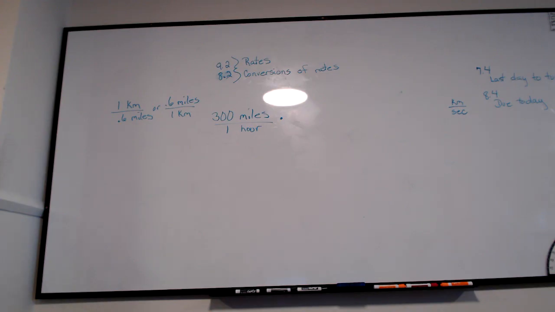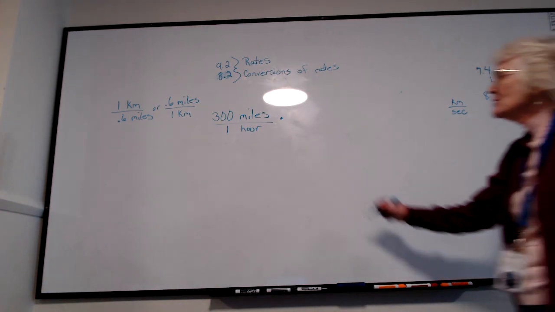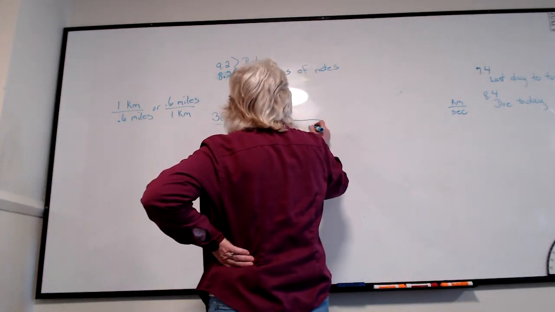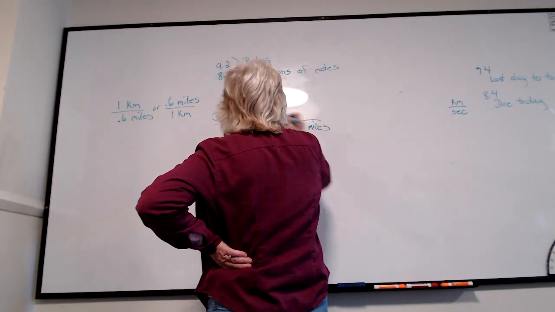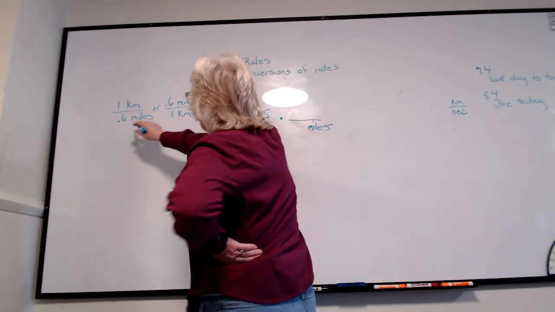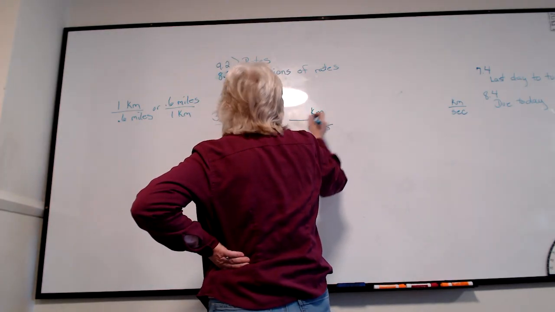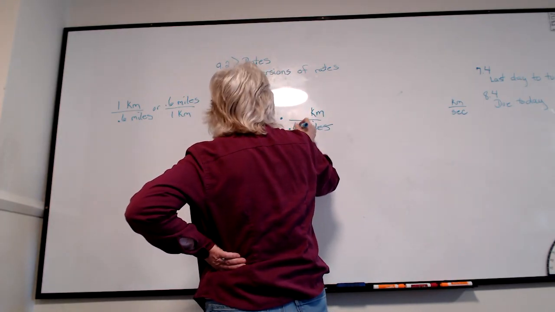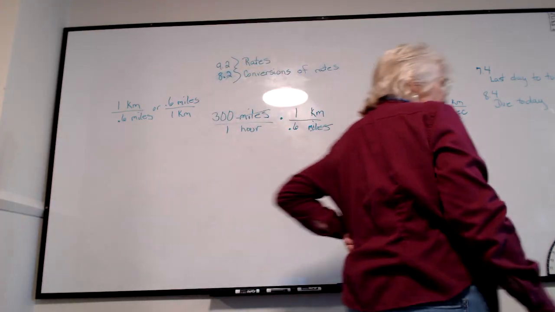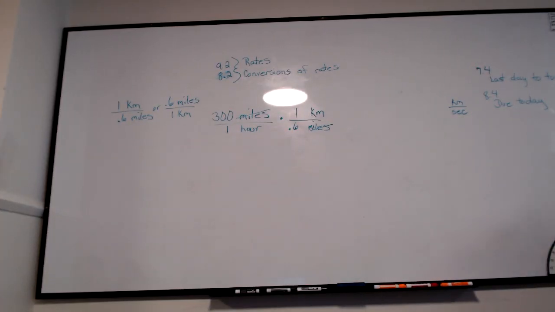Okay, I want to cancel out the miles, so where am I going to put the miles? On the bottom, so that they cancel. That means, because this is kilometers and miles, I want kilometers up here. So we go 0.6 to 1. Does that make sense? Okay. That's going to change it to kilometers.